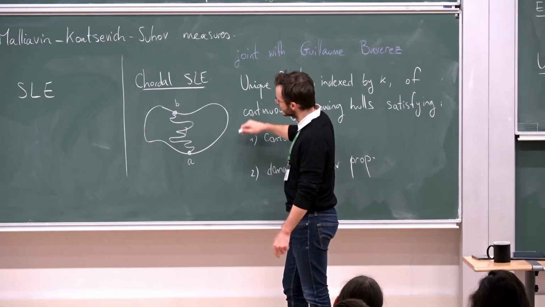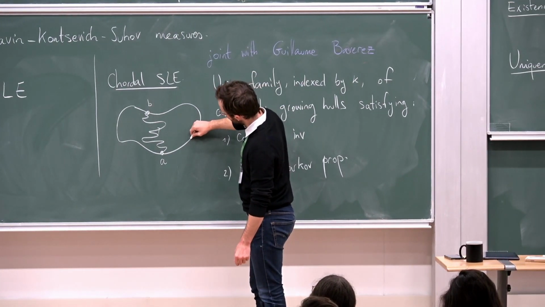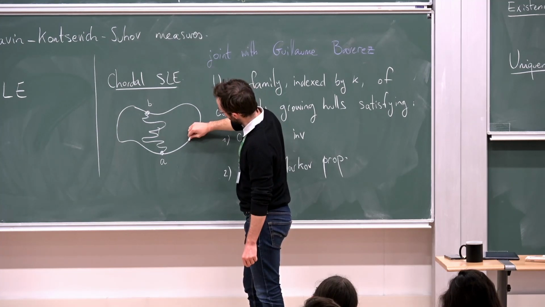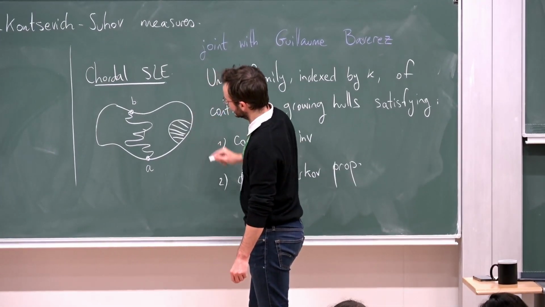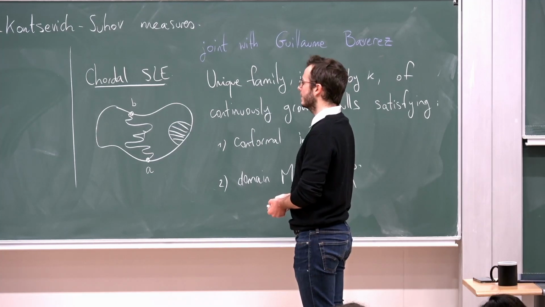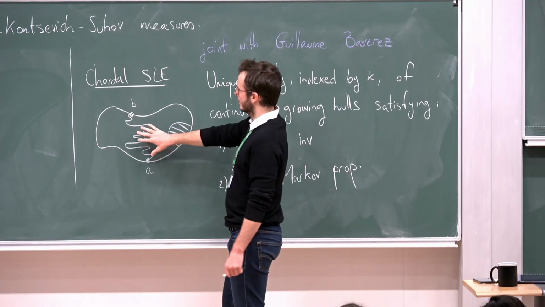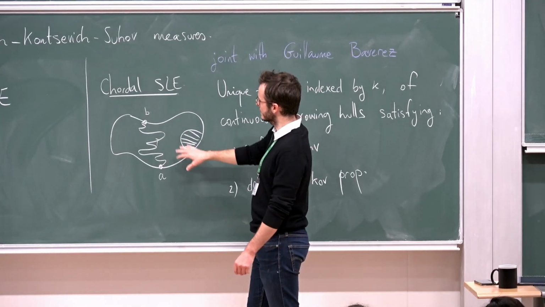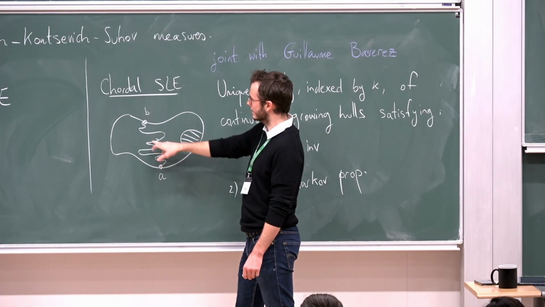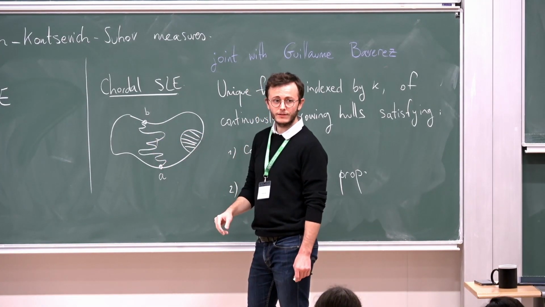For chordal SLE, let's say I have my domain here, and I cut out some portion of my domain, and I want to compare the law of the SLE inside the small domain versus the law of SLE in the big domain, restricted to not hit this part.